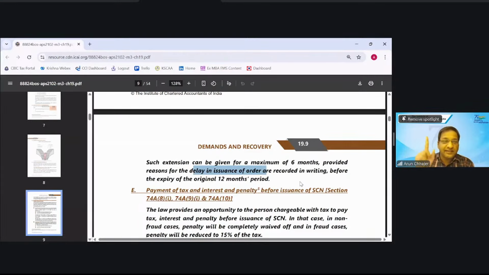We try to understand, are both not matched? Does it not mean that 73 has also become 74? Now, in both the cases, the time limit is the same. What is the main point? Main point is that अब 73 और 74 में कोई differentiation रहा ही नहीं. They have made it the same thing. Is that clear?